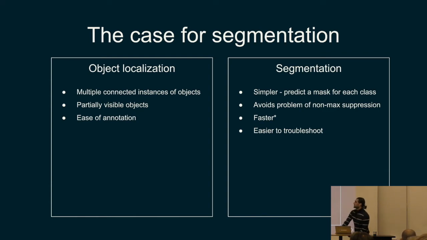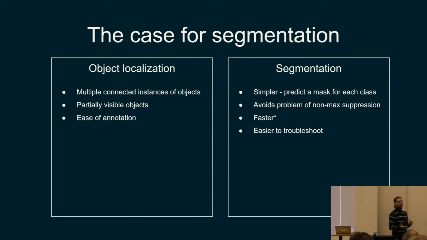And then you also need to deal with, if you're predicting boxes, you might predict several boxes for the same object. And then the question comes, is this the same object, or are they actually different? Is it a horse behind a horse, or is it just one horse? I wrote faster with a star.